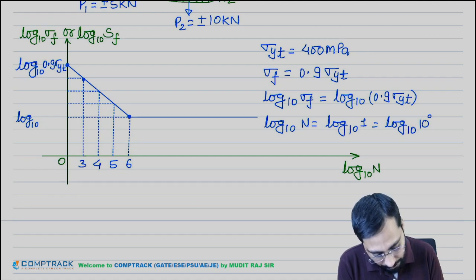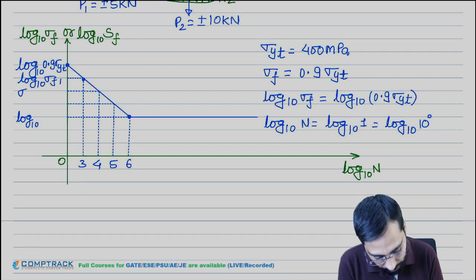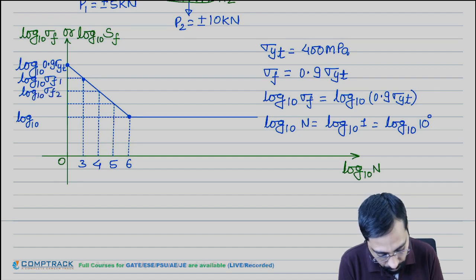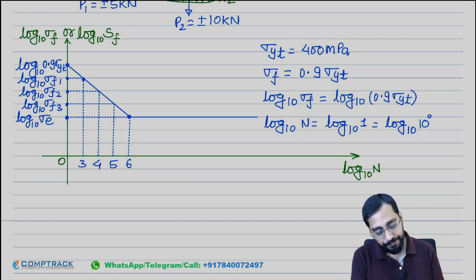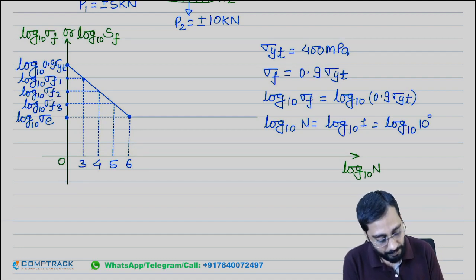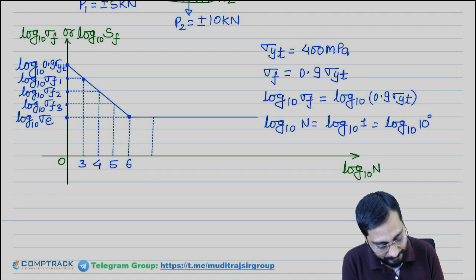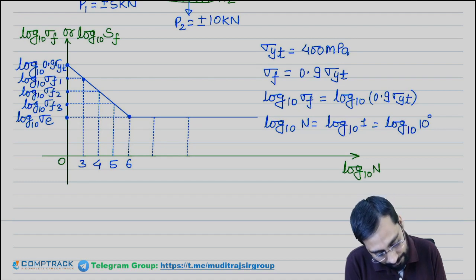Okay, so log 10 sigma f1, log 10 sigma f2, log 10 sigma f3, these values. So here this will be the log sigma e value, this is the stress. Okay, if the stress is less than that, the number of cycles will automatically go infinite. So this is called asymptotic.